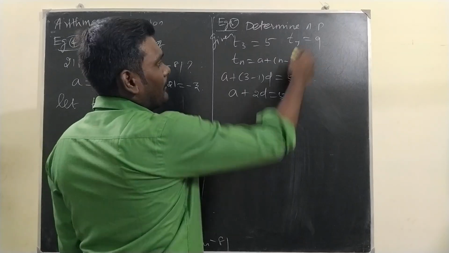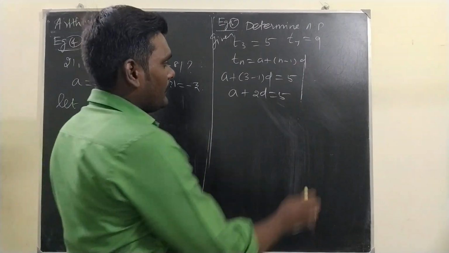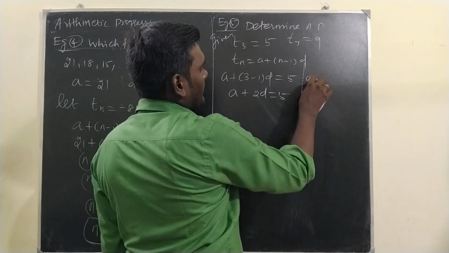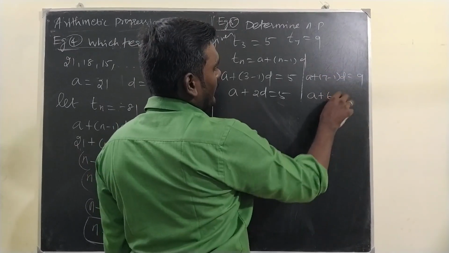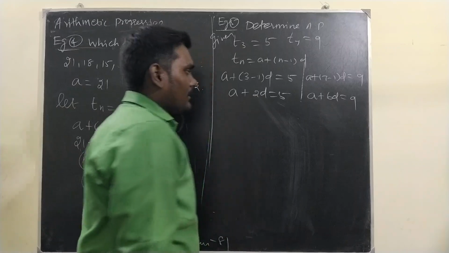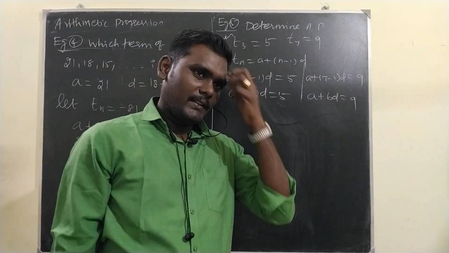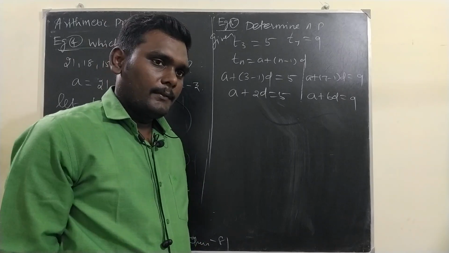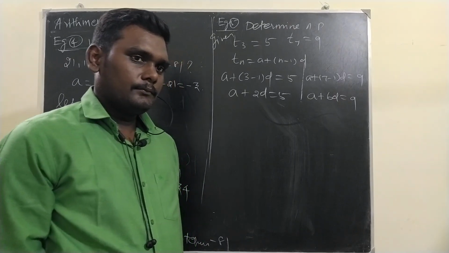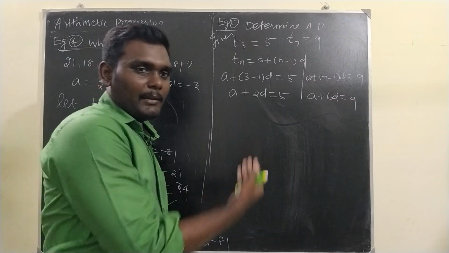Likewise, when you substitute over there, A plus (7 minus 1) into D equals 9. So A plus 6D equals 9. What can we do with these two equations? Any other things come to your mind? Linear equations in two variables, remember?